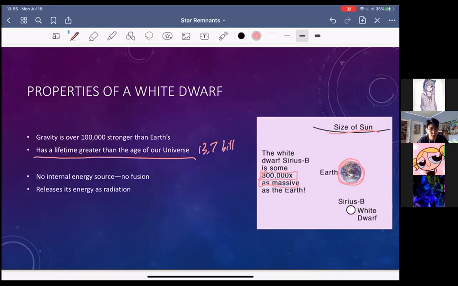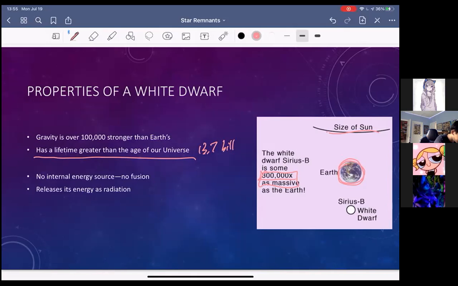I think that's pretty insane: the white dwarfs that we see today are still going to be burning for billions and billions of years.